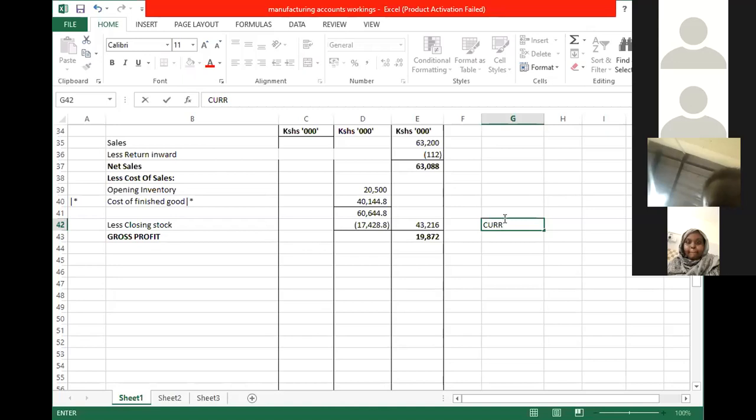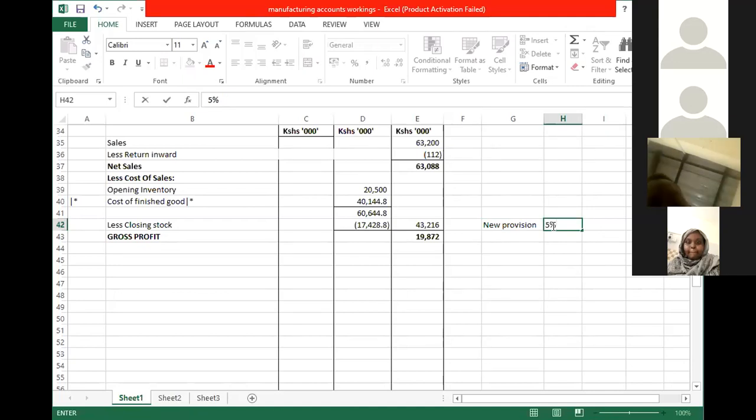Allowance for doubtful debt is 770, right? So we have a new provision. I remember I taught you this. The new provision is to be maintained at 5% of the debtors or trade receivables.